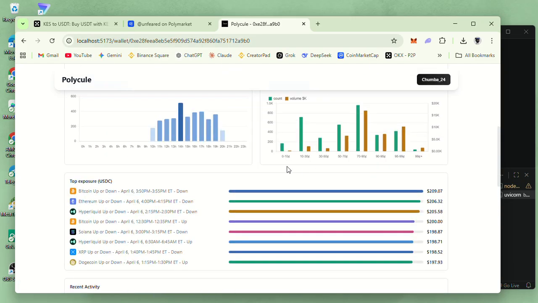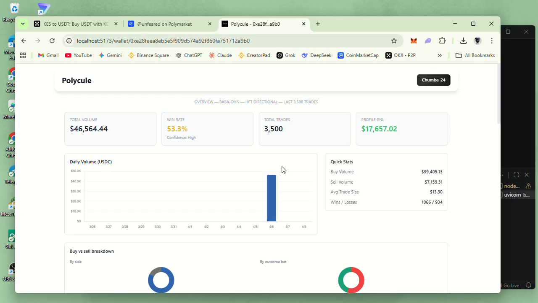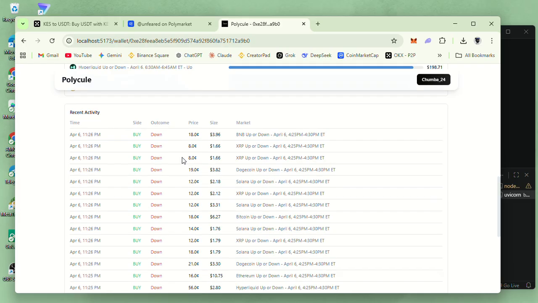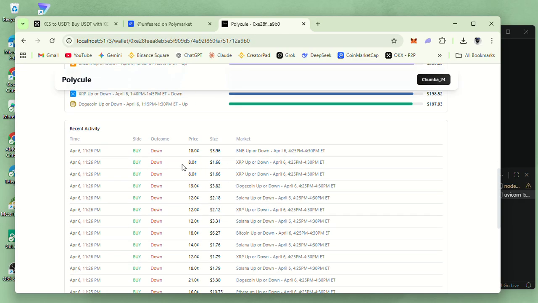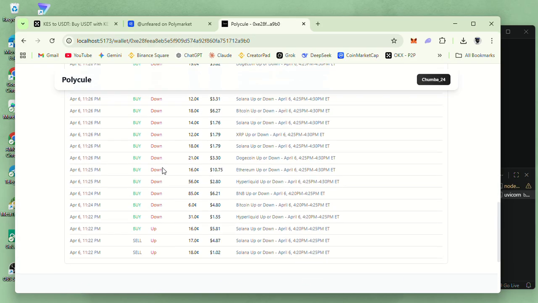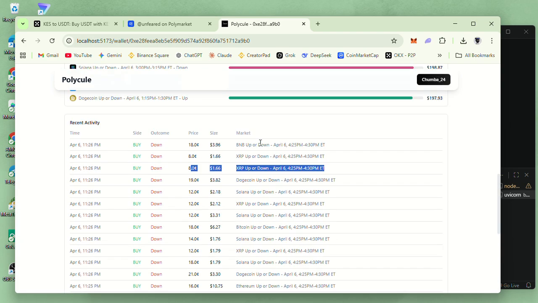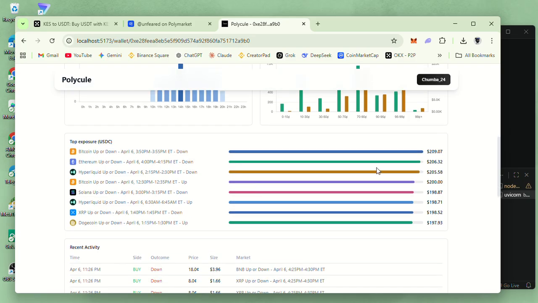The activity of this person is, you need to check, there is an activity so that you can see what this person is buying. You can see at the same time he is buying up and down. You can see all of them is up, but I will maybe add a feature, like a dropdown, for you to calculate what this person is doing.